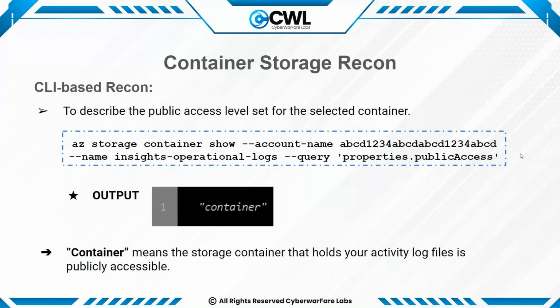Blob indicates that the container is public and can be accessed anonymously. Container, as we have got in our sample output, indicates that only blobs within the container can be accessed anonymously. If you got nothing, it indicates that the container is not public and can only be accessed with proper authentication.